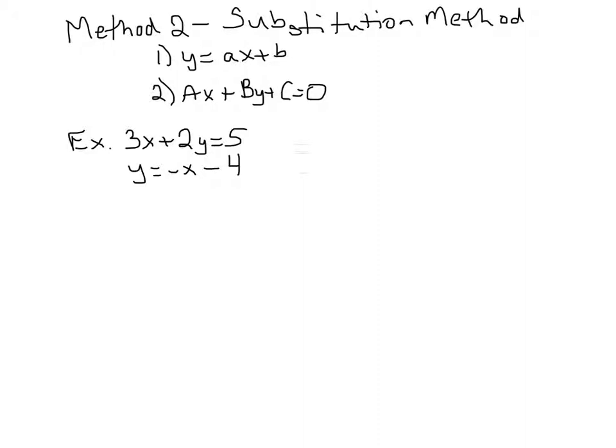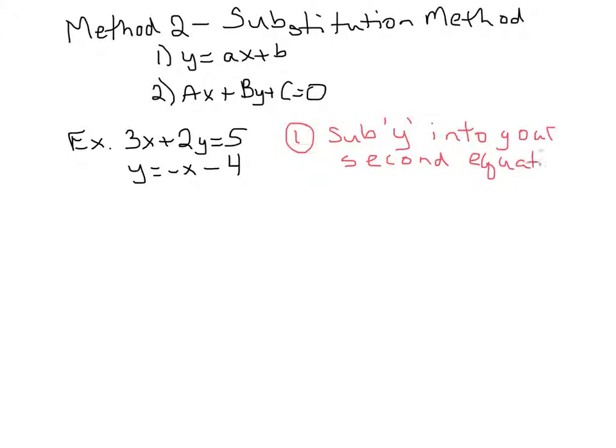Okay. So step 1 for this, write it over here in red. So step 1 is going to be to sub y into your second equation. Now that kind of sounds a little bit confusing.